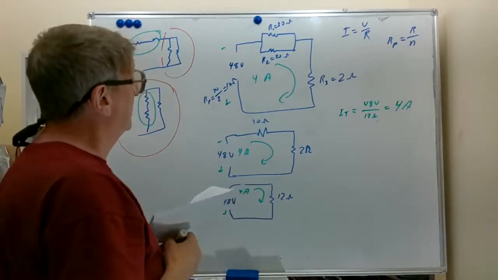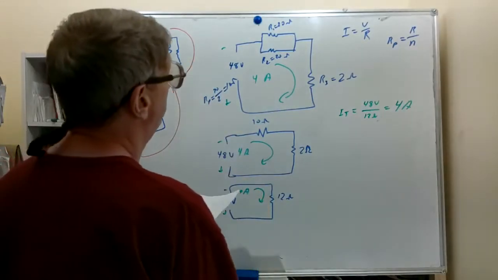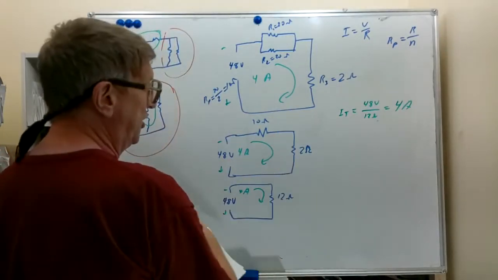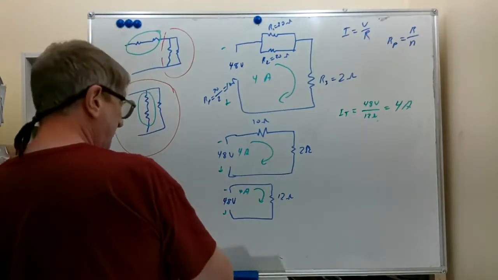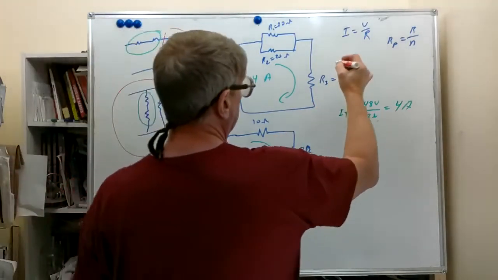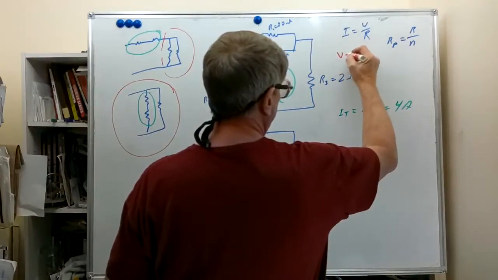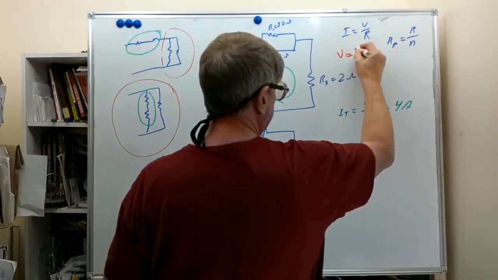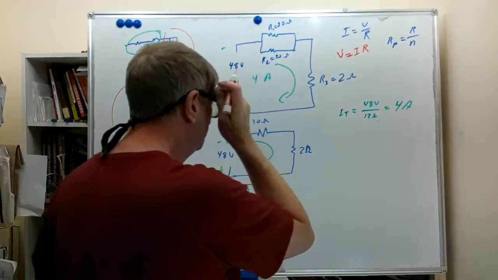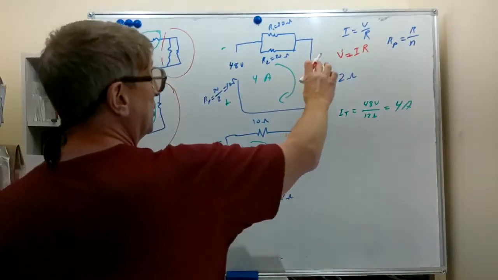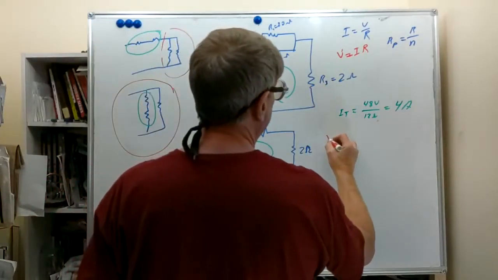Well, let's think about voltage drops here. Let's see what the voltage across R3 is. Well, remember, voltage equals current times resistance. So we're going to call the voltage across R3 V3.